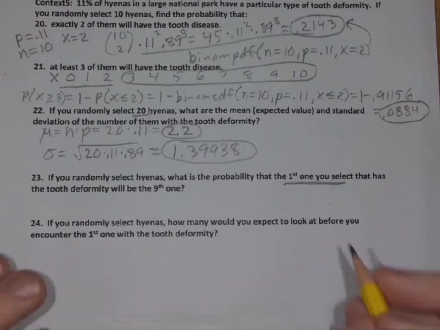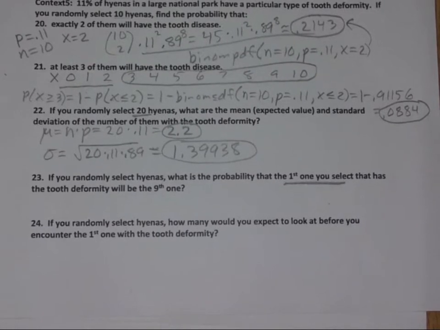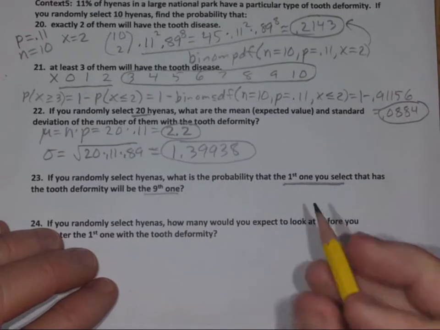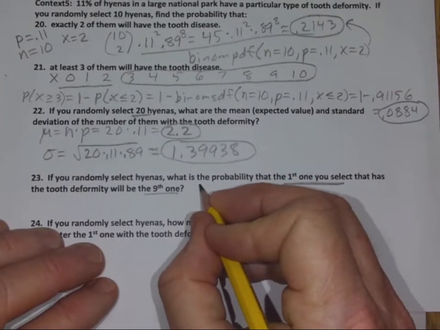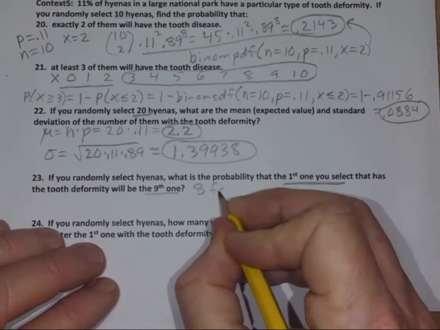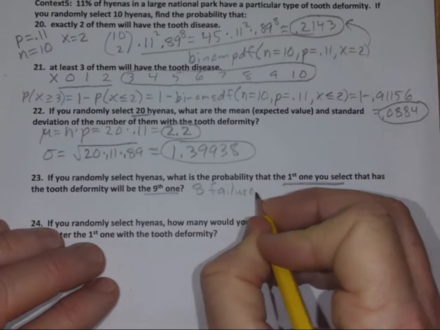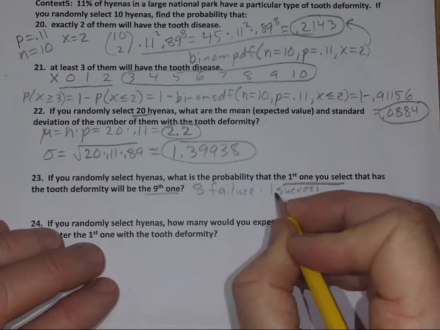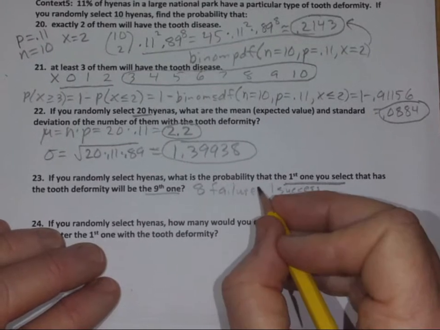So when it's first success, it's geometric, and you could use geometric PDF and CDF on your calculator. I just like doing this intuitively and saying, what's the probability the first success is on the 9th one? If your first success is on the 9th one, that means your first 8 trials were failures and then you had 1 success. What's the probability of 8 failures?